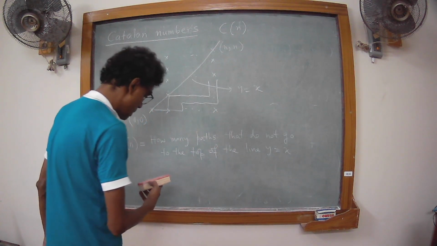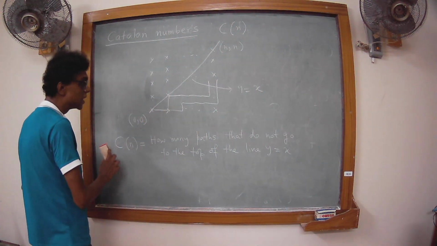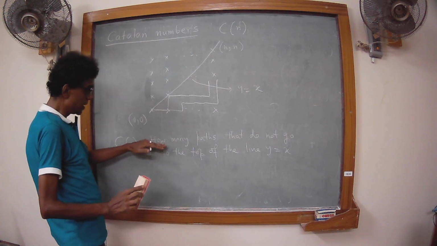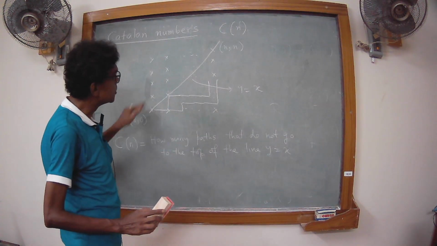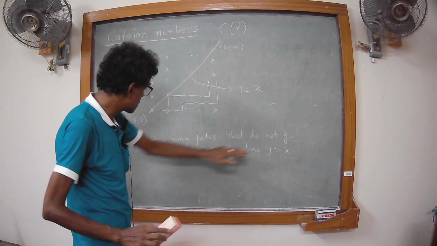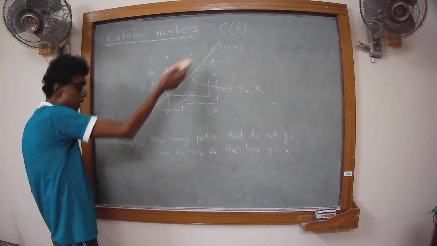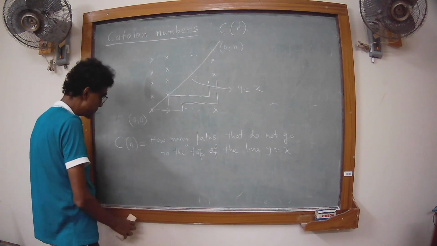I will tell you an application of why we study Catalan numbers. But the definition, I believe, is clear, right? How many paths are there from 0, 0 to n, n that do not cross or go to the top of the line y equal to x?